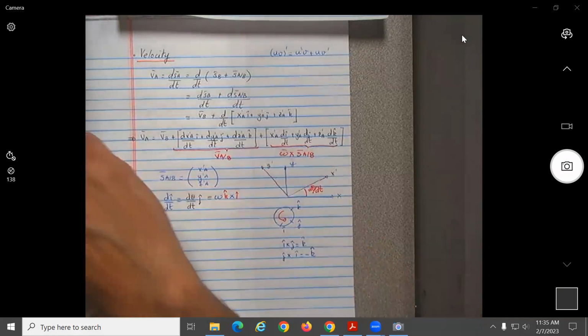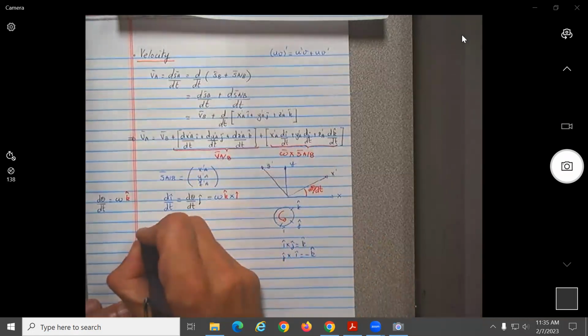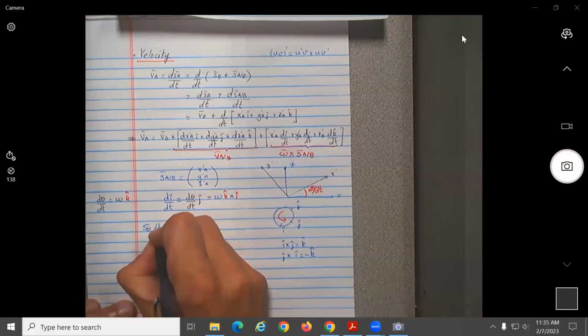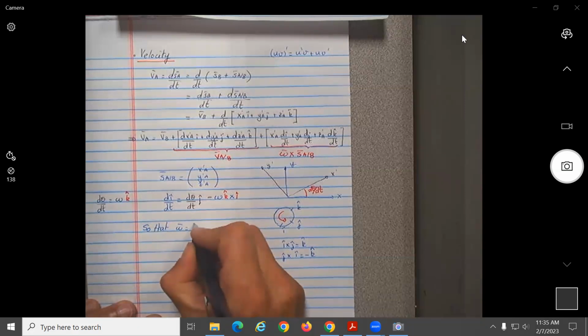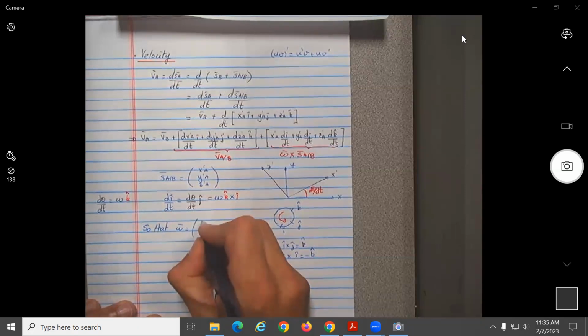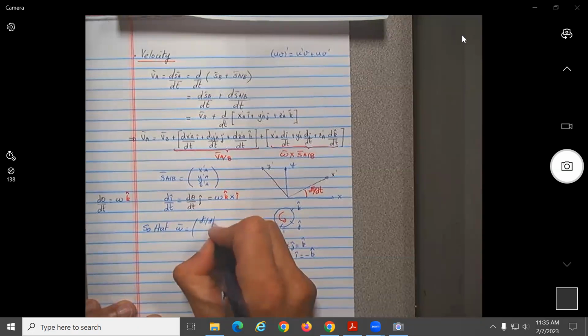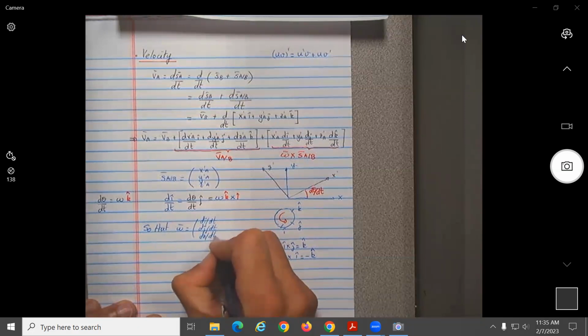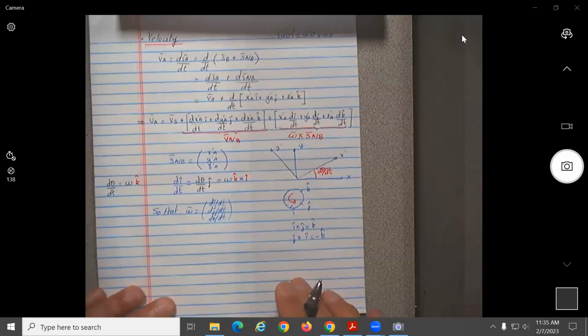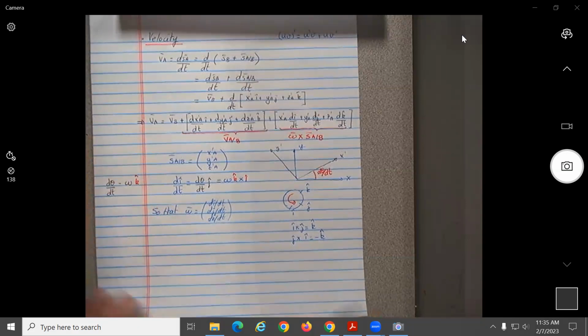So basically, what can we say? If you don't fully get it, it's not a problem at all. This one could be equal to what? D theta dt, dj dt, dk dt. Even if you don't fully understand, does it kind of make sense?